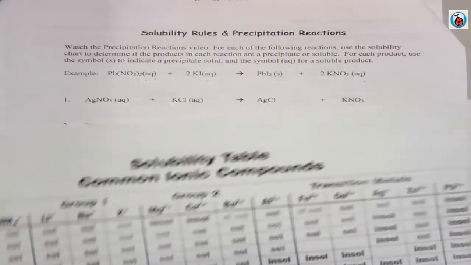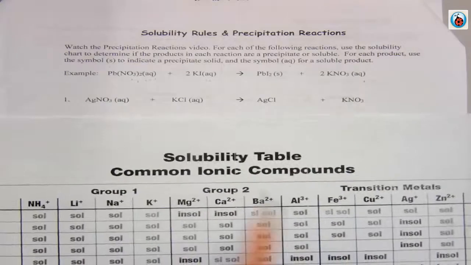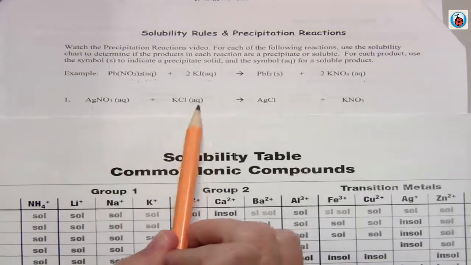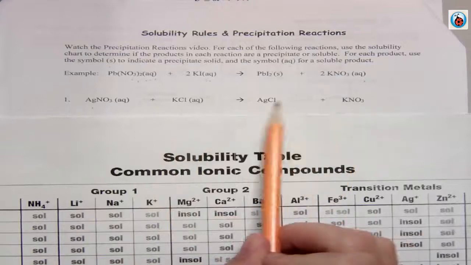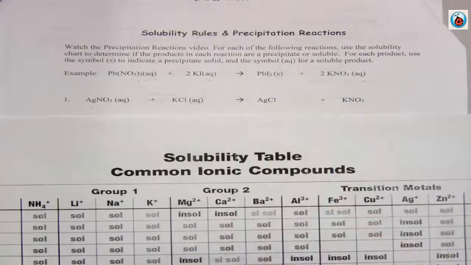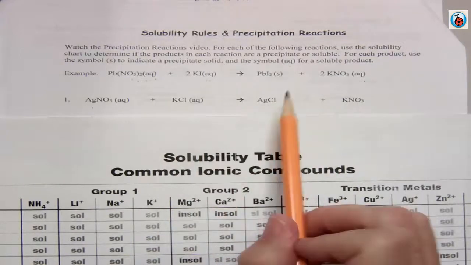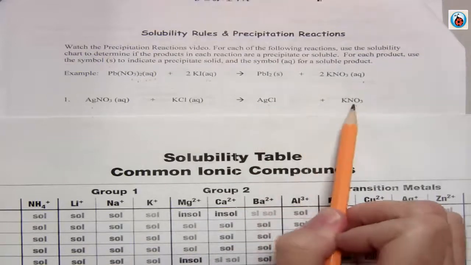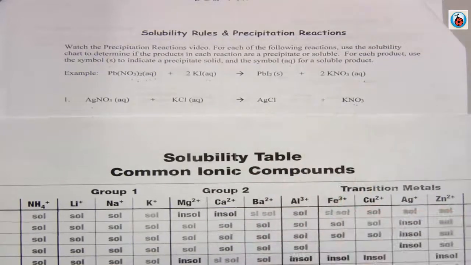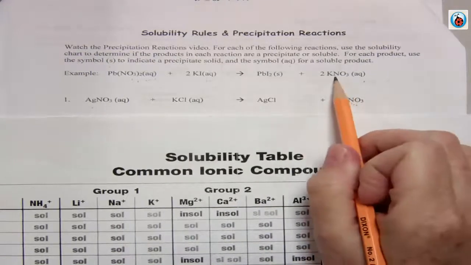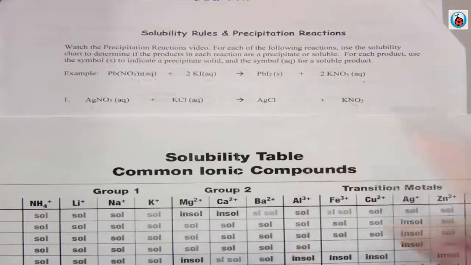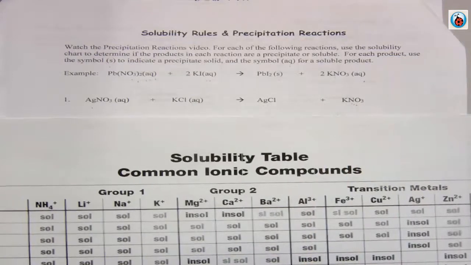Like on number 1, we've got aqueous sodium nitrate and aqueous potassium chloride. We're going to figure out if one of these is going to form a precipitate. Now, you'll never have two solids formed. One is always a liquid, or both can be liquid. We're going to use this chart. Potassium nitrate, we already know from the example up here, is an aqueous solution, but let's look.